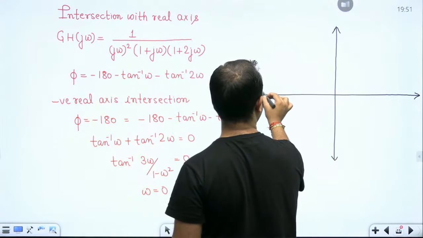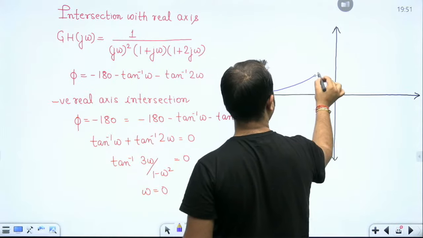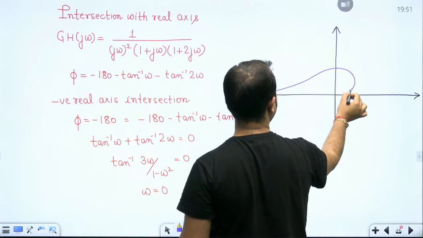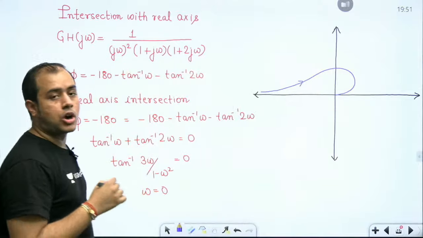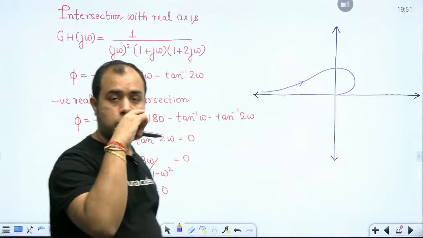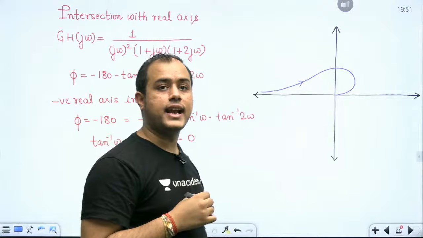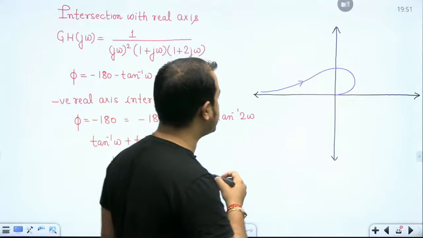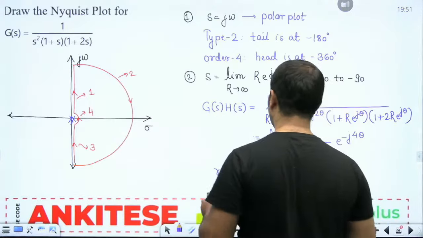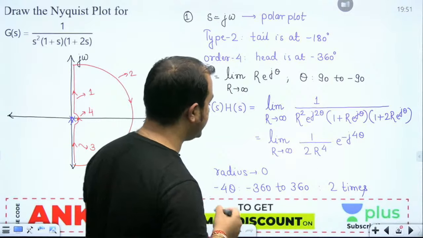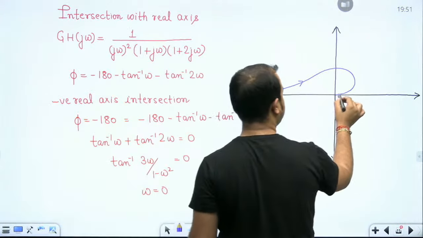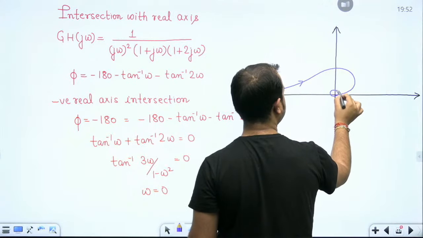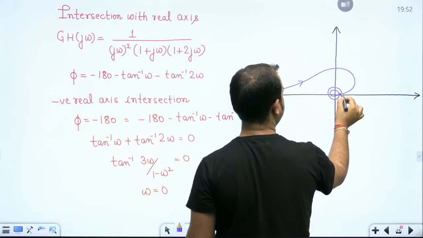So see clearly, it is going like this. Okay. Now you were talking to me about the infinitesimal circle. Okay. So here we are getting from minus 360 to 360, that is 2 circles. So just take 2 circles about origin, one circle, the second circle.